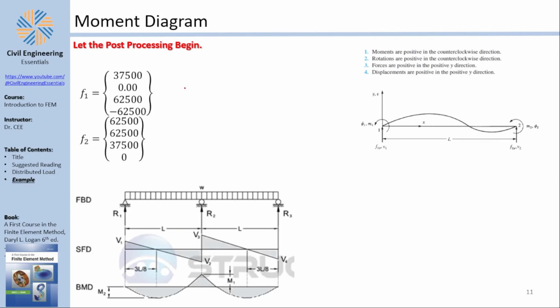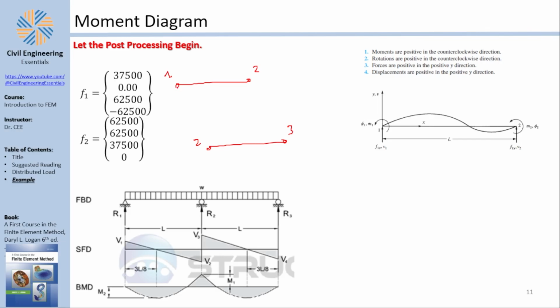Well, to do this, I'm going to draw this is piece number 1, which is from node number 1 to node number 2, and that's piece number 2, which is from node number 2 to node number 3. Now, what do I know? The local forces at element number 1 are as follows.